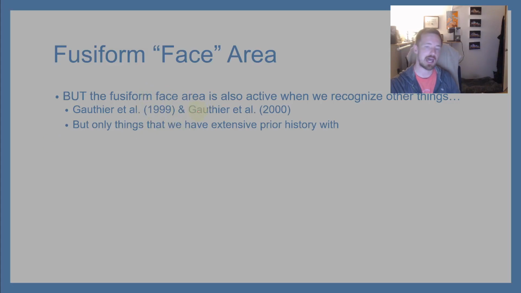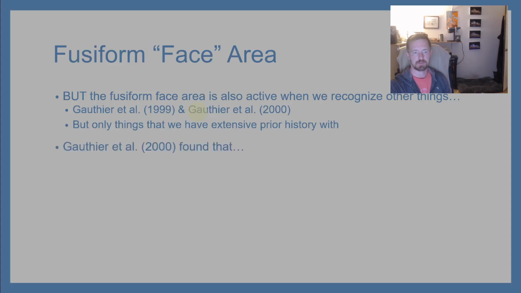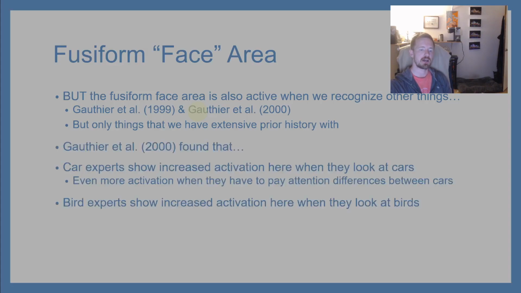Her lab was really interested in the fusiform face area, and she believed that there were other stimuli that could elicit activity in it. What she found is that it was almost completely things that we had other experiences with. Basically, whenever you have car experts look at cars, the fusiform face area would be active.